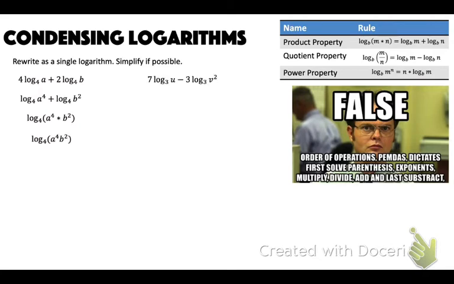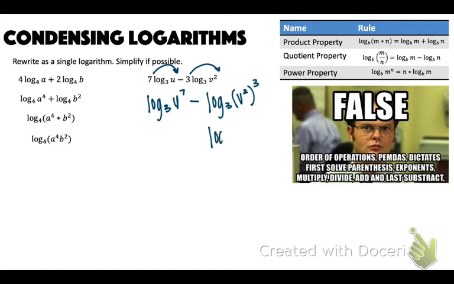Let's do this one. If we have 7 log base 3 of u minus 3 log base 3 of v squared, I'm going to start with my exponents and move these. So this is going to be log base 3 of u to the 7th minus log base 3 of v squared cubed, which is a power raised to a power, so I'm just going to multiply those.